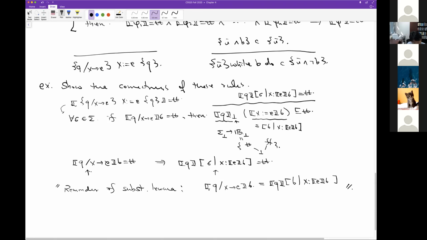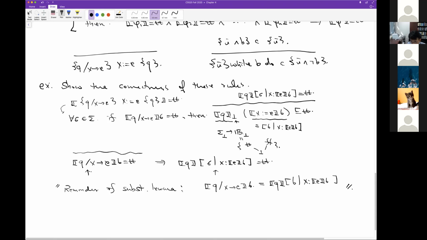And because this equality is true, if the left-hand side of the equality, which is exactly this precondition part, is true, then the right-hand side also has to be true. In fact, the substitution lemma says something much stronger: if Q where x is replaced by e, the precondition in the assignment rule, is false, then the postcondition is false. That's not required, but it also follows from the substitution lemma.